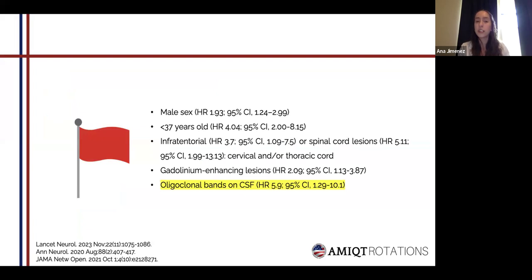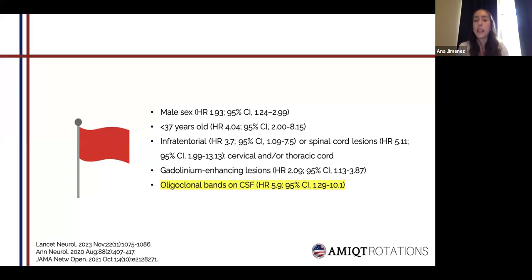After doing all these tests, then you can stratify the risk of your patient as low or high risk of progressing into a definite multiple sclerosis. So over the years, the different studies have shown that these are the most important red flags: being a male patient, being less than 37 years old, the presence of infratentorial lesions, which remember are lesions on the cerebellum or the brainstem, with a hazard ratio of 3.7, or spinal cord lesions, specifically on the cervical and thoracic cord with a hazard ratio of 5.11.